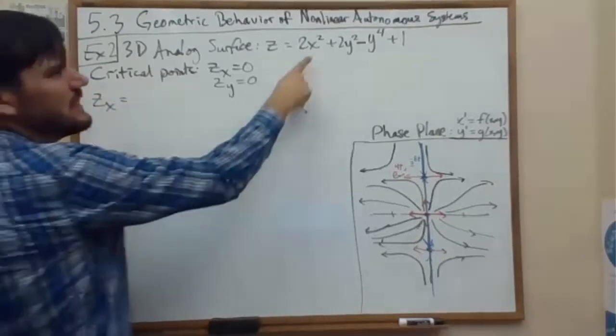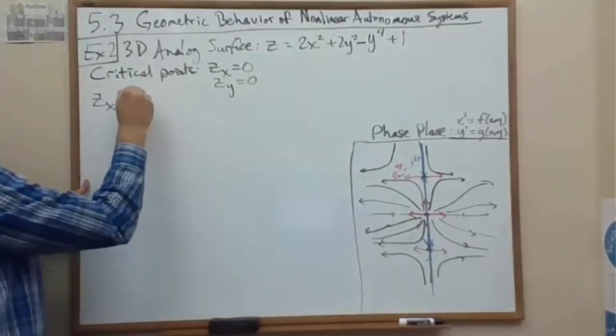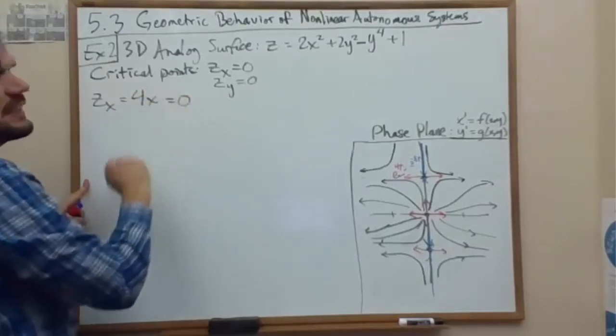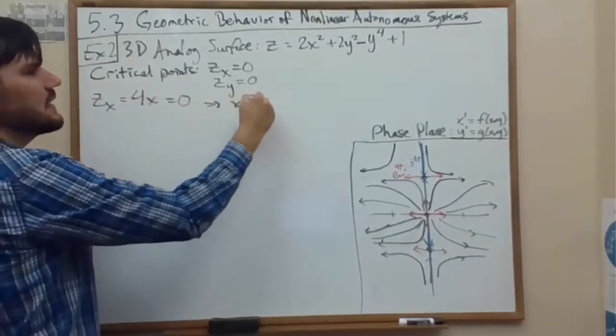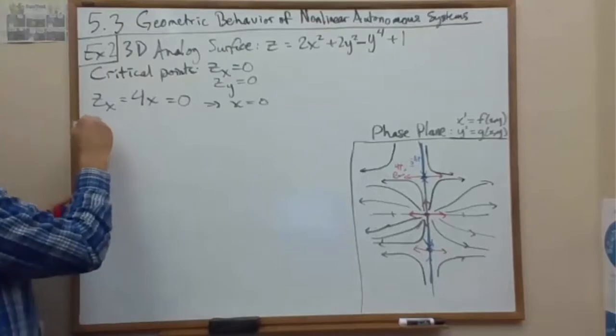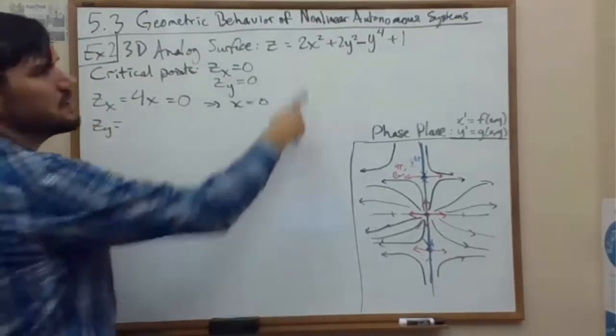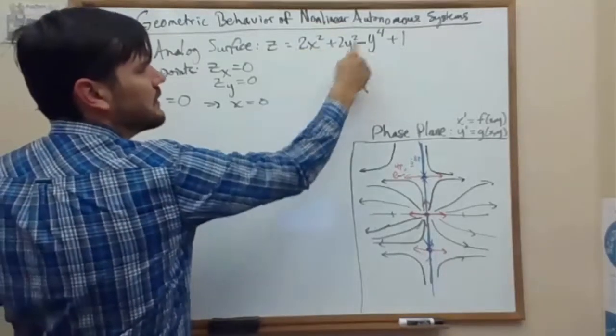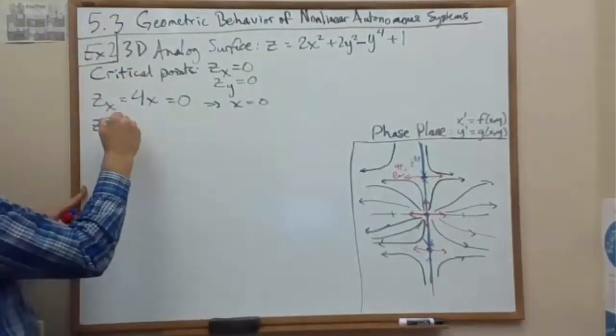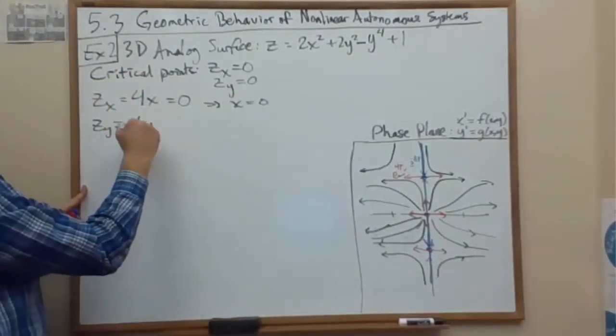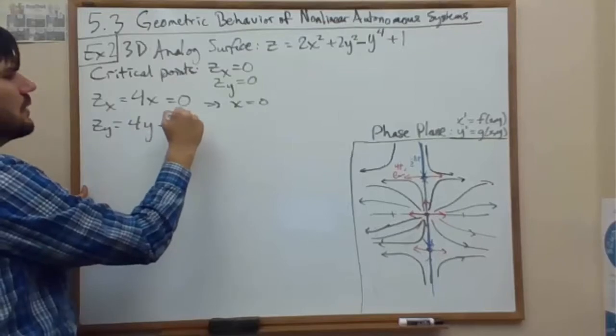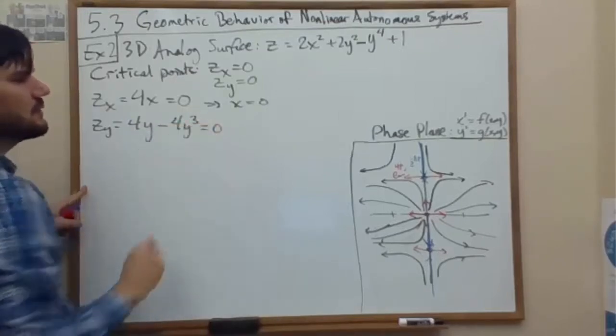The x partial only has one term, 4x. Setting that to 0 means x has to equal 0. The y partial gives us two terms: 4y minus 4y cubed, and we set that equal to 0.